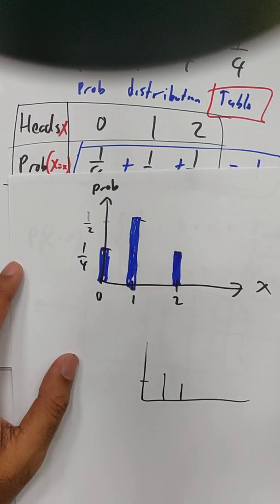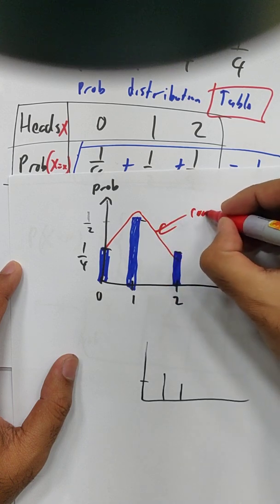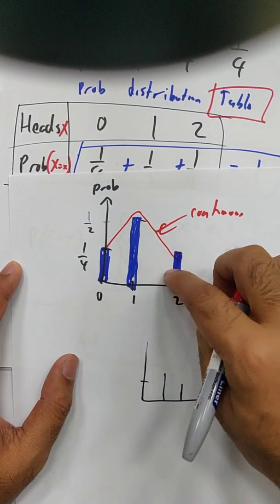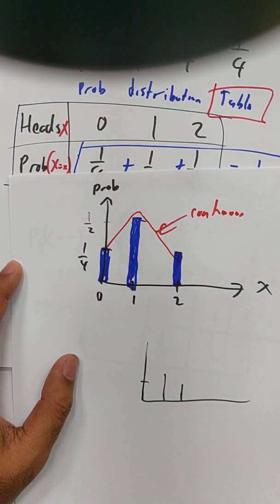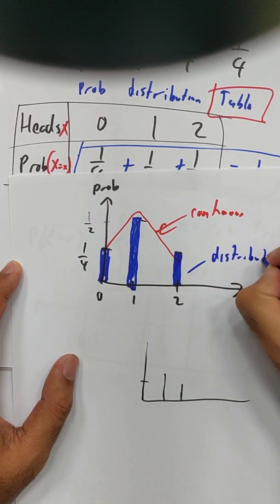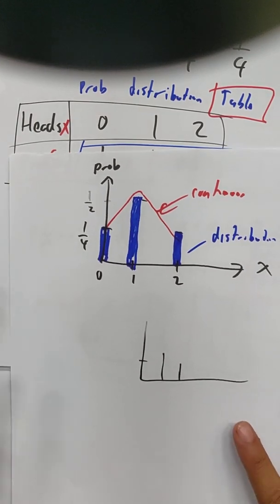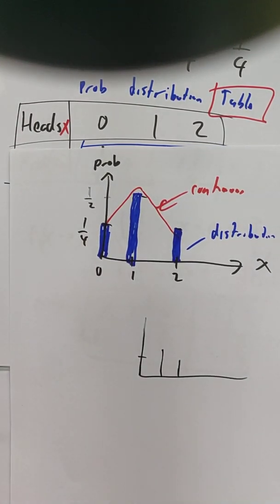Let me remind you again, it doesn't go something like this. This is for continuous. If it's just single lines, it's a distribution. Are you okay? Can we continue?